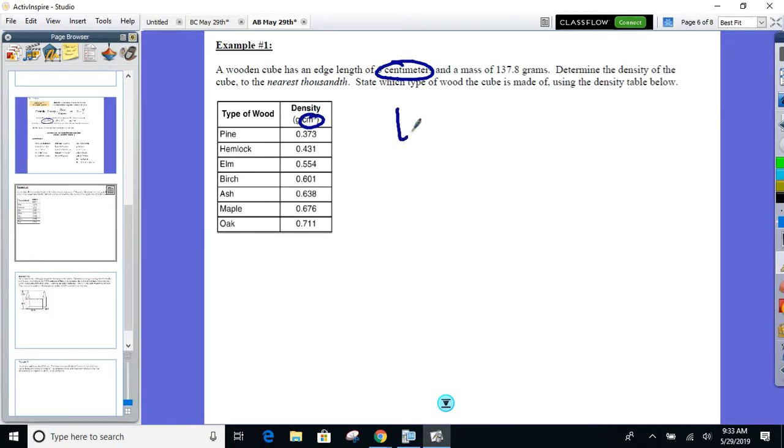Density is, what's the formula? Mass divided by volume. What's the mass of the cube? 137.8. And now here's where you have to do your work. You have to find the volume. This is why we're in this unit. Volume of that cube.